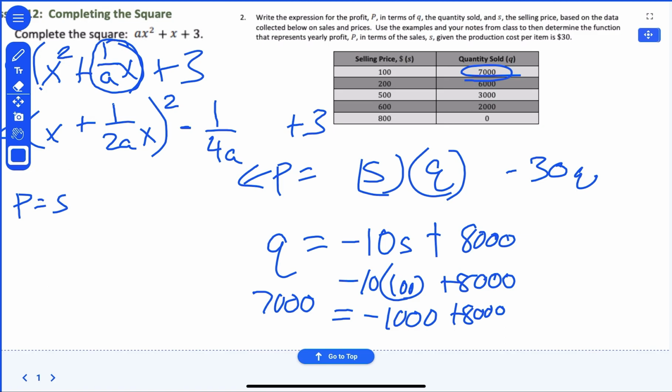Times Q, we know Q to be negative 10S plus 8,000. And then we've got a negative 30 times Q again. And Q is negative 10S plus 8,000. Right?